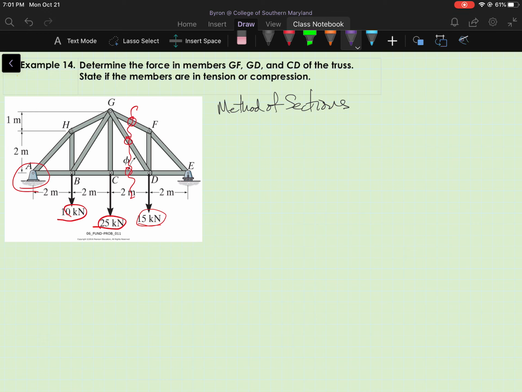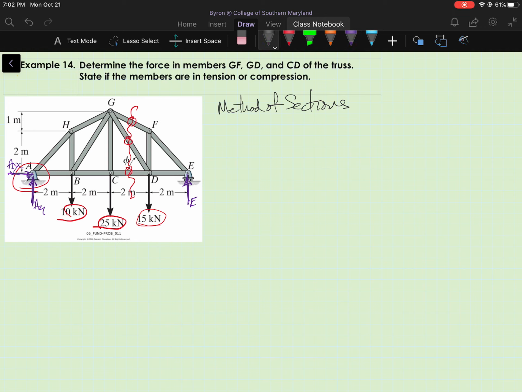I'm going to just use the existing figure for my free body diagram. So I would need to remove the truss from the supports, the two supports. Okay, and I'll just call this E, and I'll call this A sub Y and A sub X.